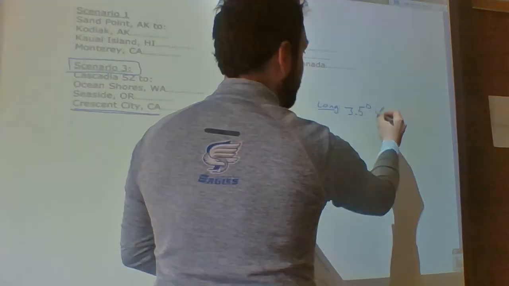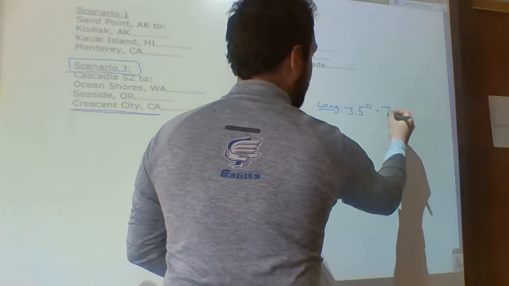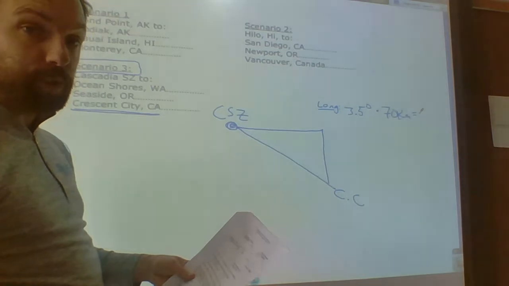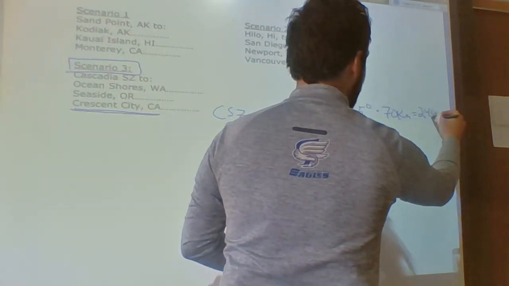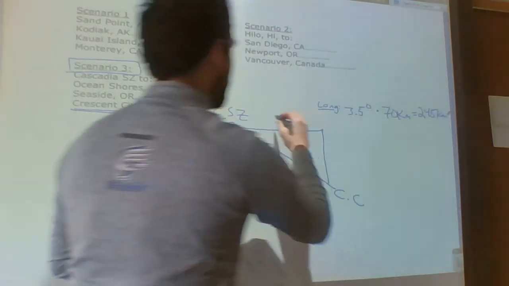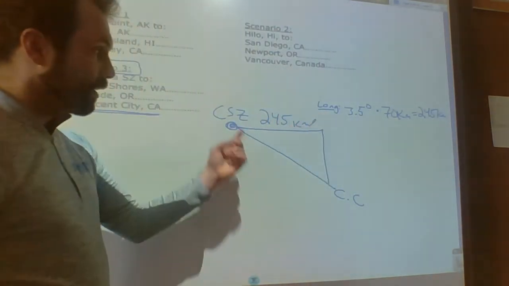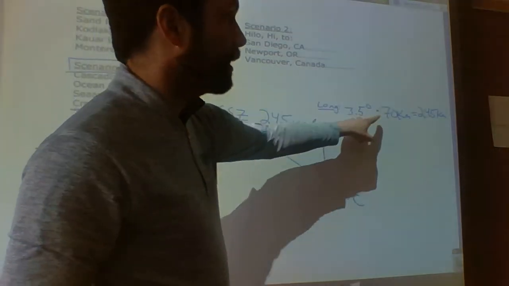We get 70 kilometers for every 1 degree. So that's about 245 kilometers. So this distance was my longitude, 3.5 degrees times 70.